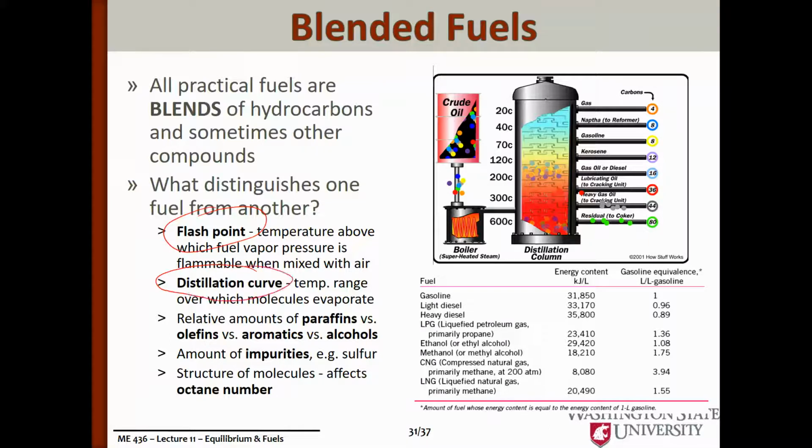We need a distillation curve, so we want to evaporate those droplets of liquid gasoline into the air even when the engine's cold. When the engine's hot, sure, all of that liquid is very quickly going to evaporate and become a perfect mixture of fuel and air that we can burn.